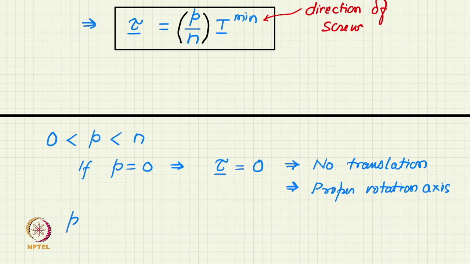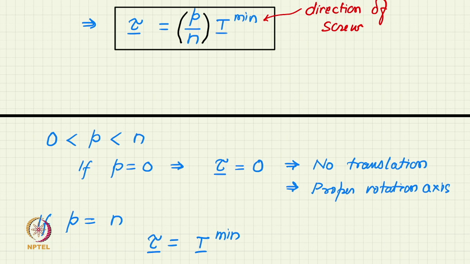And if p is equal to n, then tau will be equal to t min. So, it is simply a lattice translation. So, then you are combining a rotation with a lattice translation.